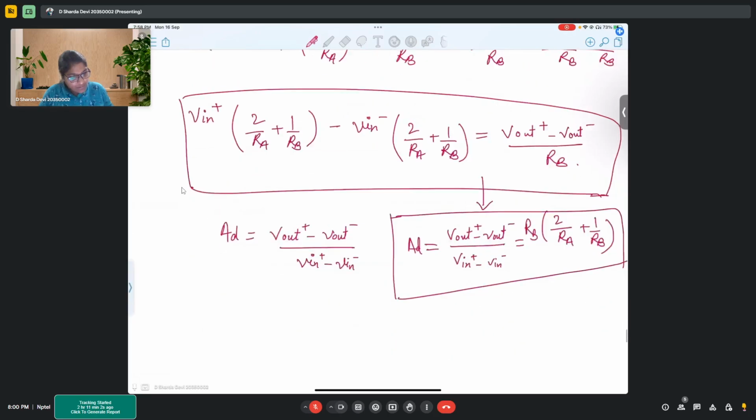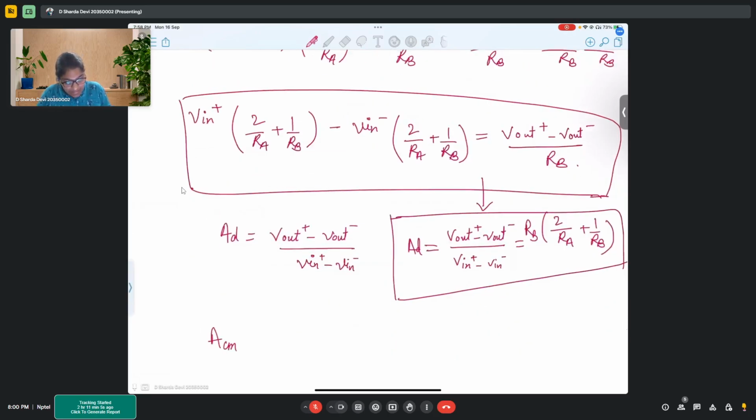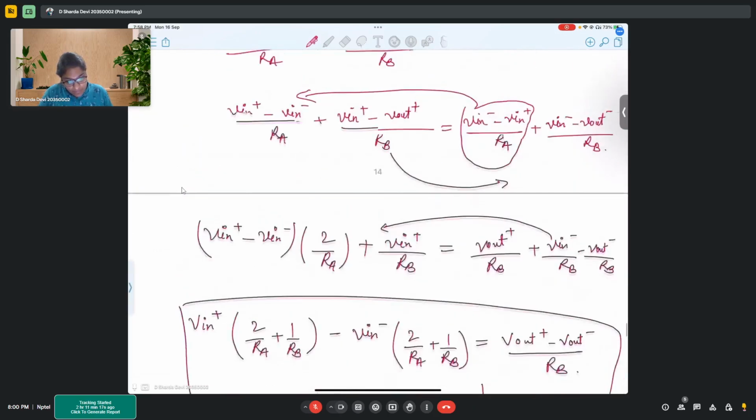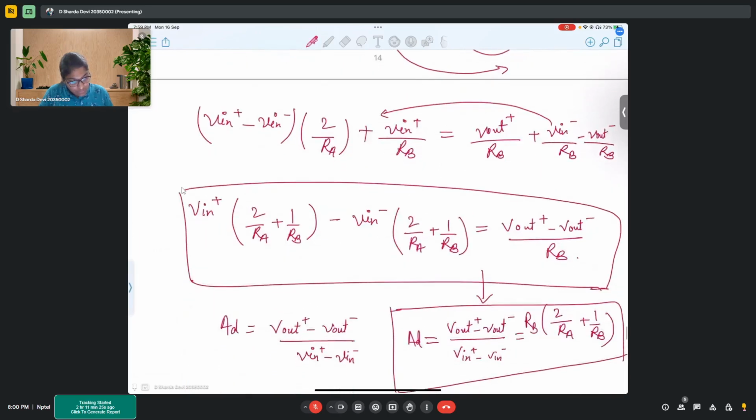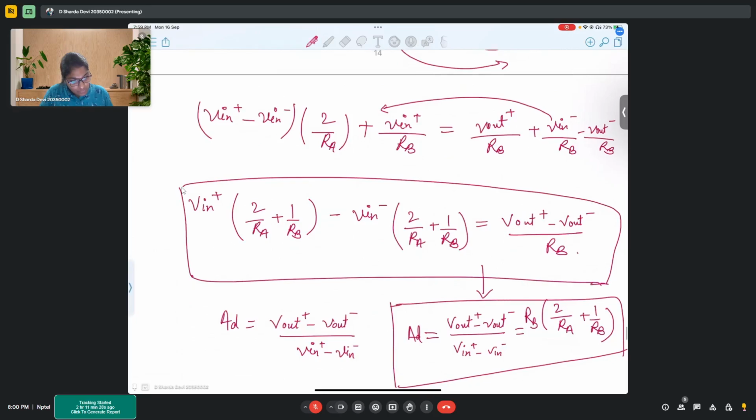This is clear, right? How we got this? Now, ACM should be like, how do we write ACM? For ACM, should we apply equal signals?